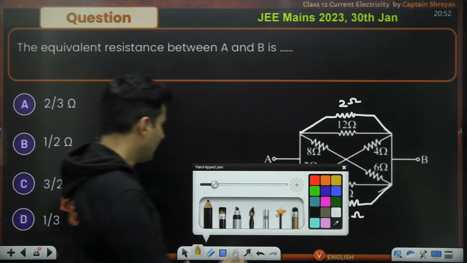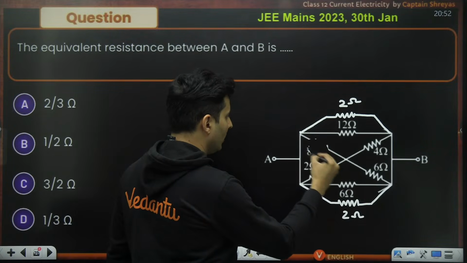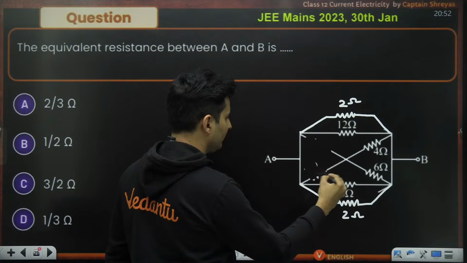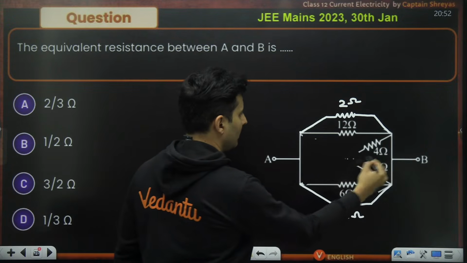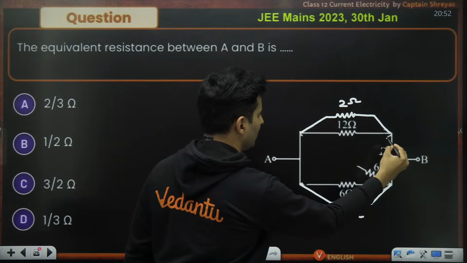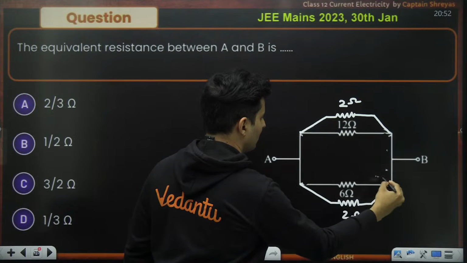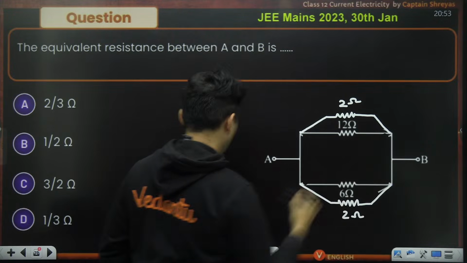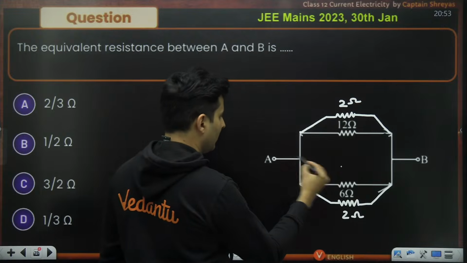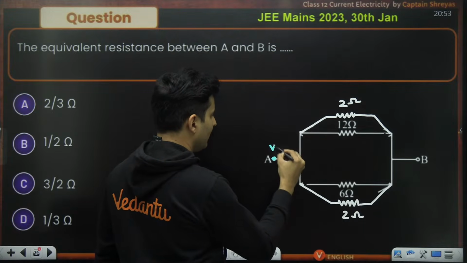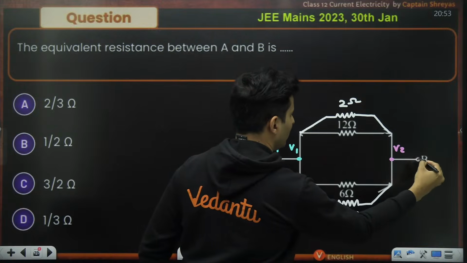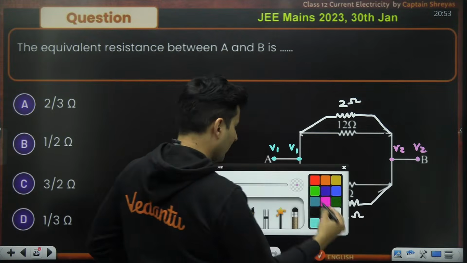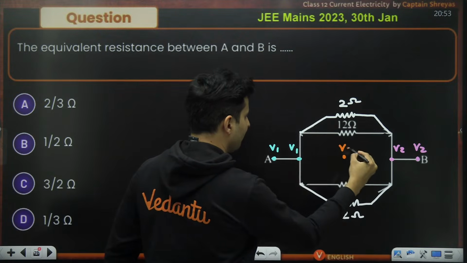So I can now say I no longer need this over here. Instead, I can just say, listen, bro, this is V1, this is V1, this is V2, this is also V2, and in between we had some V3 over here.